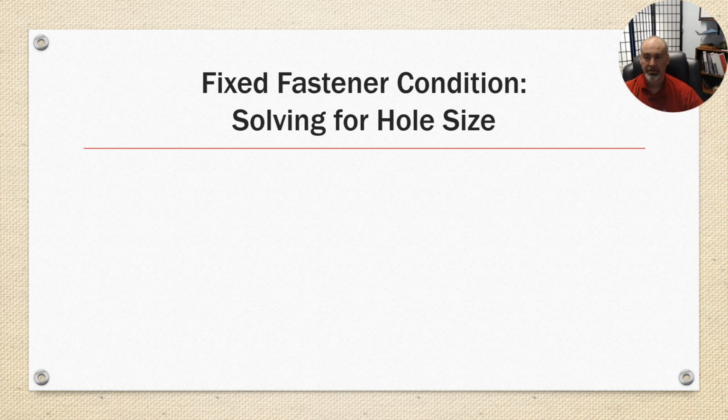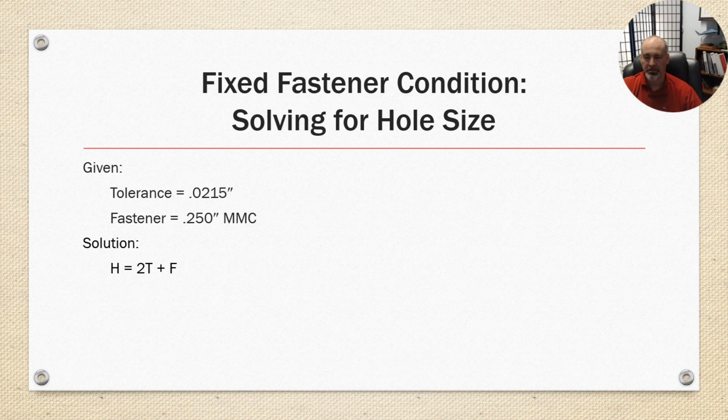Okay, fixed fastener condition size when you're starting with the fastener and you want to determine the hole size. So our given is a tolerance of 21.5 thousandths, and our fastener is a 1/4 inch at maximum material condition, or 250 thousandths.